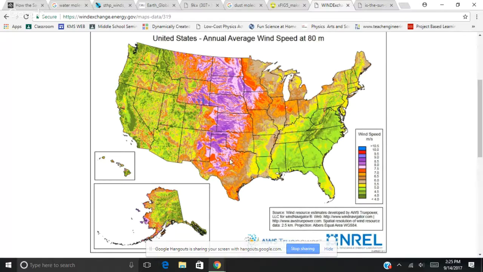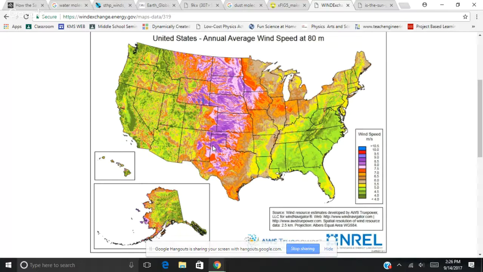This is basically showing an area that's funneling wind. We have many mountains out west. We have mountains on the East Coast, and those areas kind of block the wind. Whereas in the Midwest, we have winds coming right through.